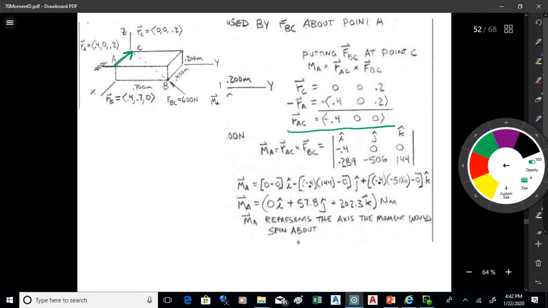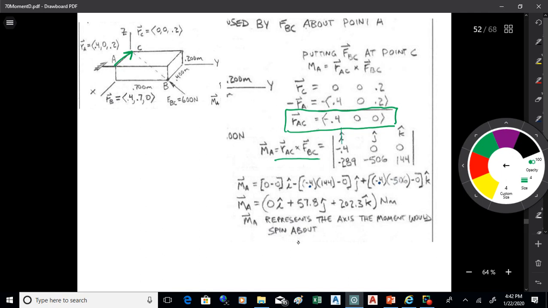So I took RC minus RA and I get RAC. It's negative 0.400. What I then do is I cross that with the force vector right there. So I'm going to cross negative 0.400 with negative 289, negative 506, 144.